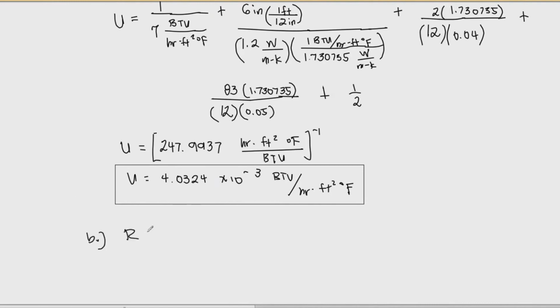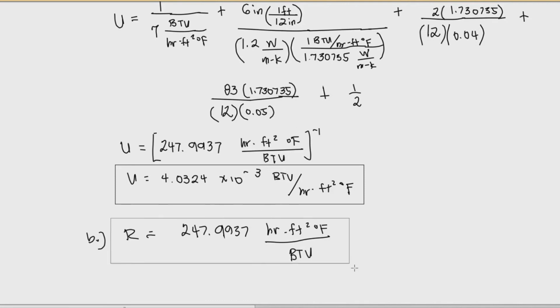Therefore R equals 247.9937, with units of R, feet squared, degrees Fahrenheit over British thermal unit. Now this is our R value, and that is the combined resistance for our slab.